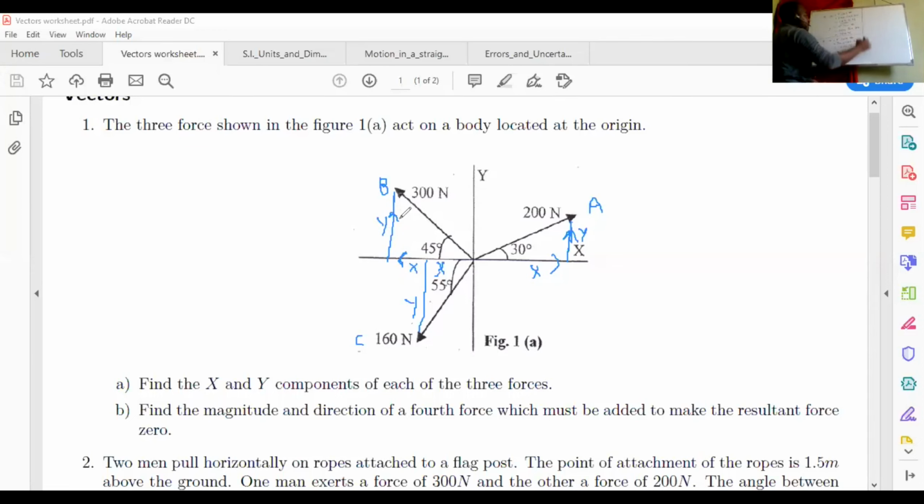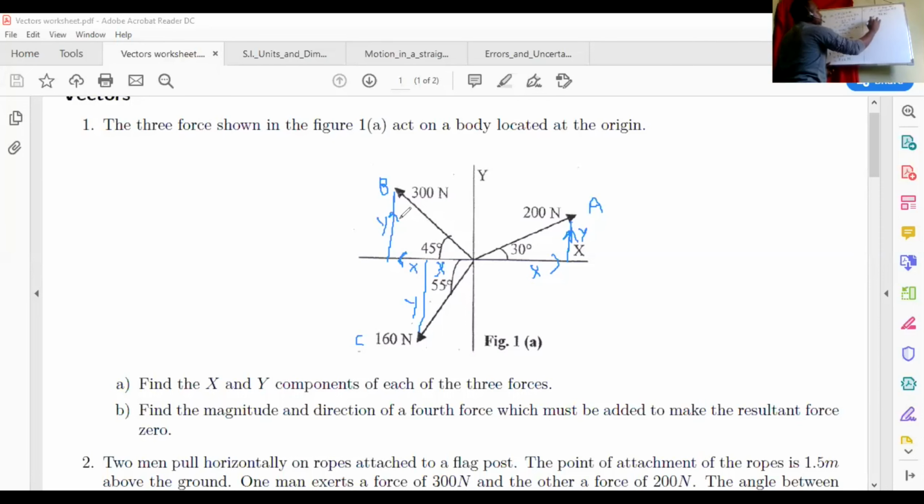Finally, for vector C, your x component is still F cos theta. The F there is 160 cos the angle, which is 55, and that's equal to 92 newtons.